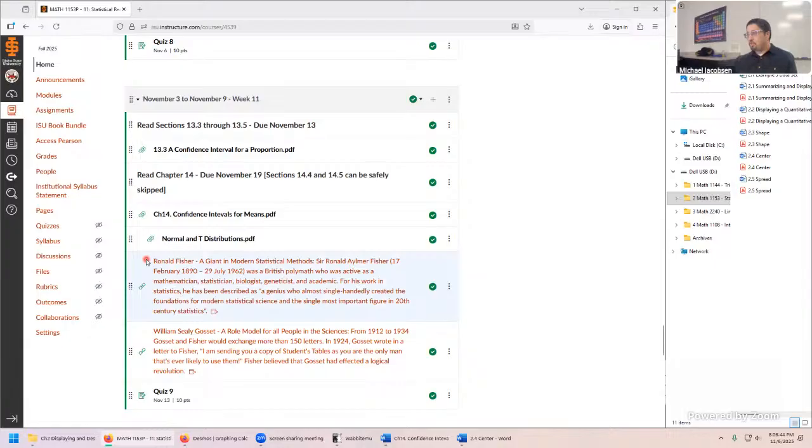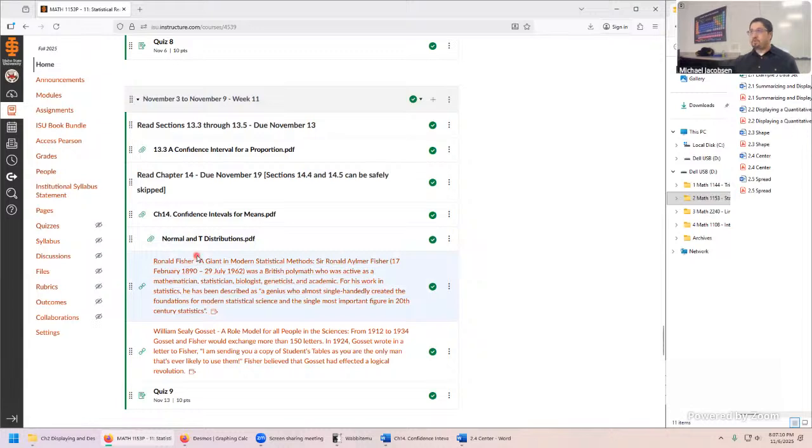Ronald Fisher is an incredible guy. He's known as a genius. He was a polymath, which means he's an expert in a whole bunch of different fields: mathematics, statistics, biology, genetics, and an academic, whatever that means. He's described as being a genius, and he is really the most important figure in the modern statistics that we're doing right now.